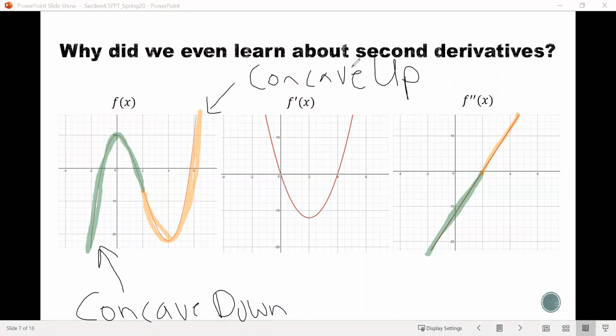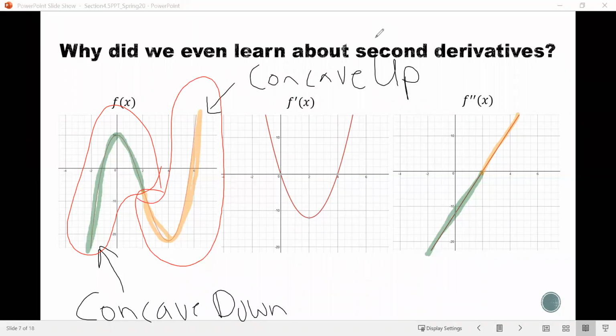On the original graph over here, notice that this portion I've outlined in green, all the curvature is down, like a frown. So that's concave down. And for the parts here where it's orange, that would be concave up, because the curvature is facing up, up like a cup, right?